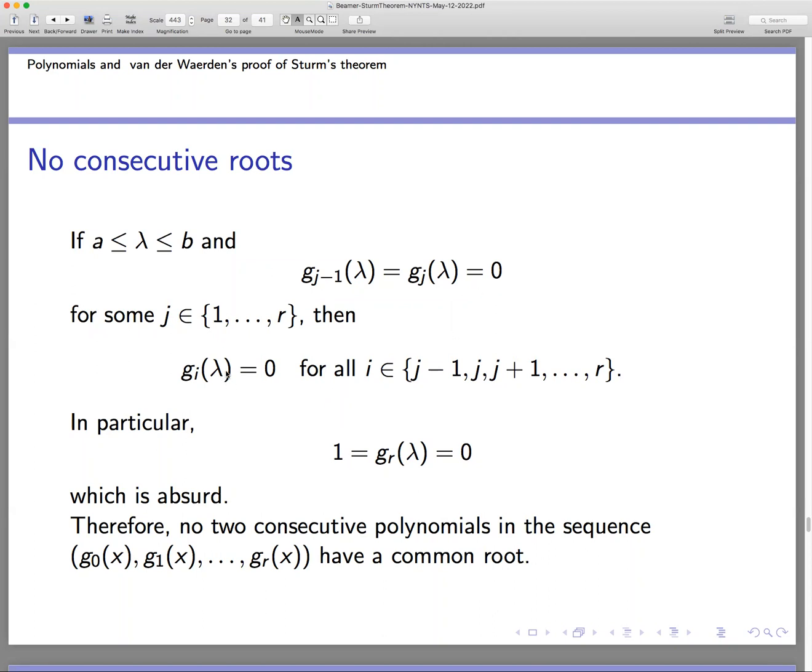And you would just move along, you would get that G sub i of lambda is 0. Lambda is a root of G sub i, not just for i equal j minus 1 and j, but for every i up to r. But the rth polynomial is 1, so you can't have G of lambda equal to 0. So no two consecutive polynomials in this modified Sturm sequence have the same root.